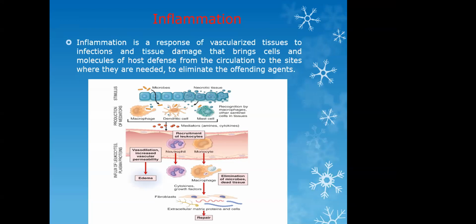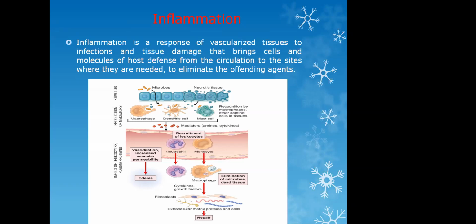Okay, so this chart shows the cells taking part in inflammation. For example, when microbes come into the body, these cells are called antigen presenting cells, most importantly macrophages and dendritic cells. Sometimes mast cells also do that, but mostly these two.